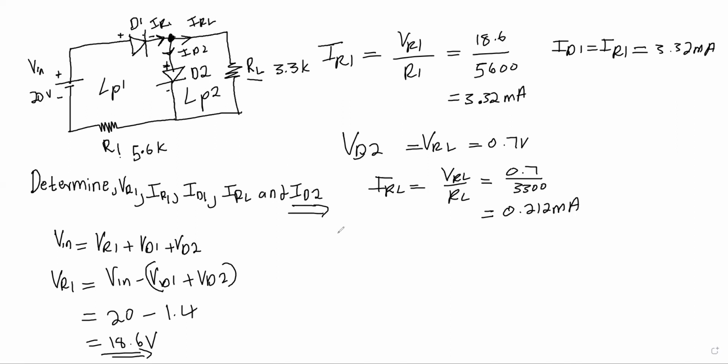The current entering a junction equals the current leaving it, so IR1 is equal to ID2 plus IRL.